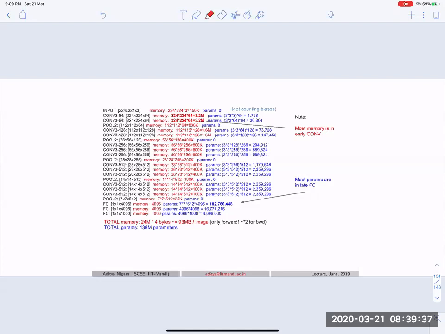After this, they said we have to come up with something innovative in terms of our classification networks. These are classification networks, so then they started to come up with different types of classification networks.